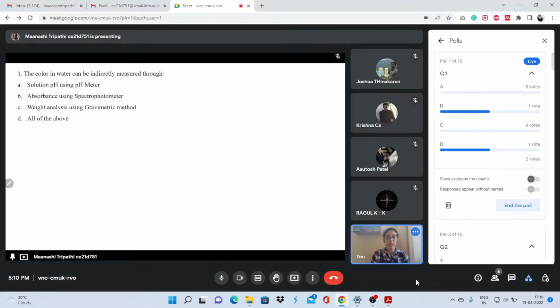And color is also a very important water quality parameter. Like if we have two glasses of water, one is clear having some cyanide, one is yellow having no problem. Which water will we prefer? We will think the water which is clear, which is transparent, is good, but it has cyanide.